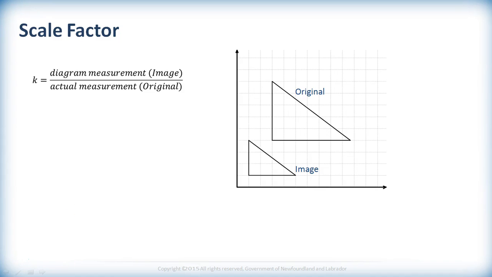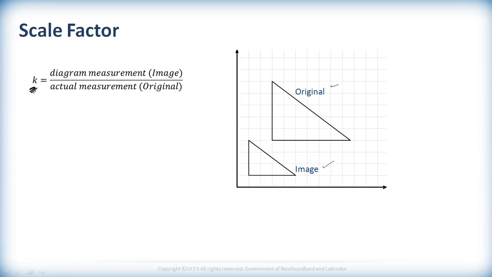Okay. So first thing we're going to define is scale factor. In scale factor, we usually annotate or denote with a K. And scale factor is basically if I take an enlargement or a shrinking of an object from the original down to the image, the scale factor is what we get when we take a diagram measurement divided by an actual measurement.